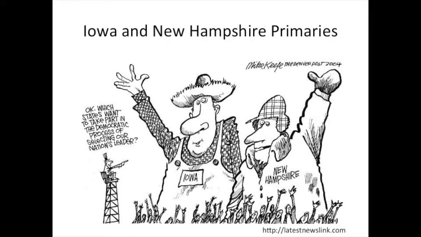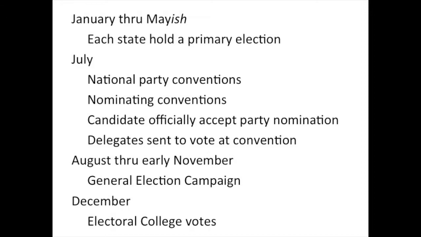So let's continue discussing the primaries as they lead up to the general election and what happens in between. We select those presidential nominees in the primaries, and then we vote for them in November. Once all the primary election results are in for the respective parties, Democrat and Republican, we have the nominating convention, and we talked about this last chapter.